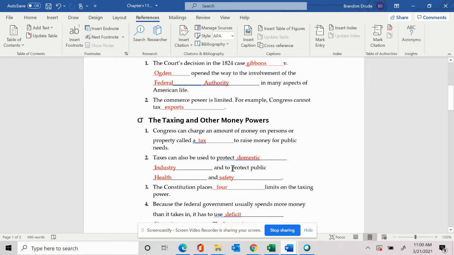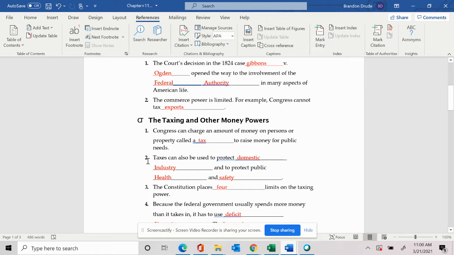For public health, a perfect example, taxes have been used for paying for services like Medicare. And also safety, such as the military, Homeland Security, the TSA, things of that sort. So taxes can be used in a number of ways.